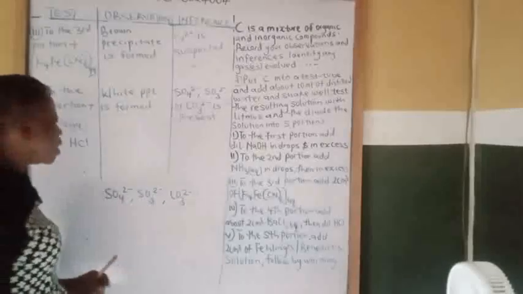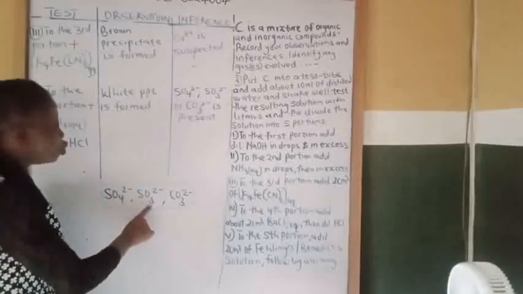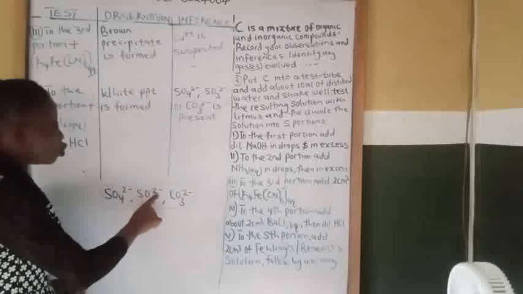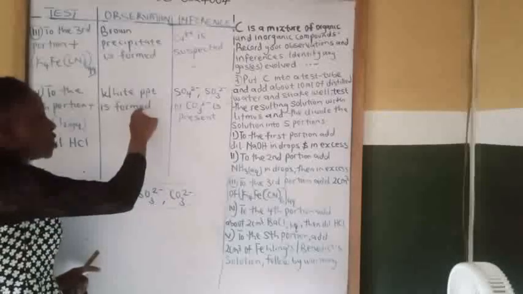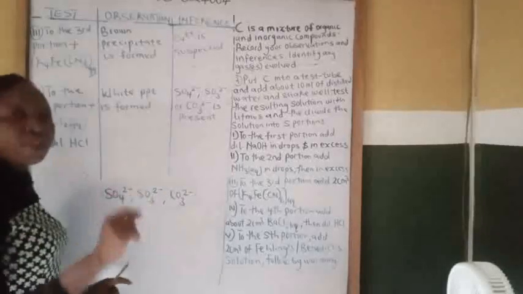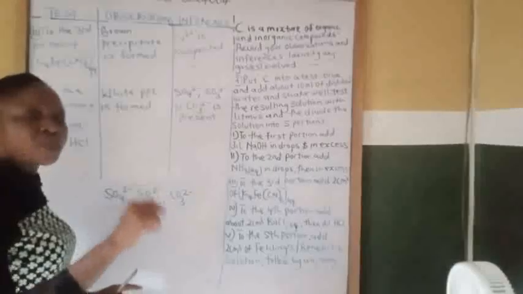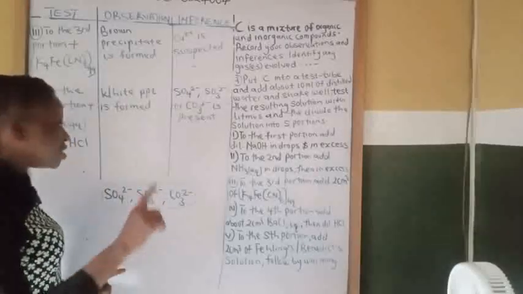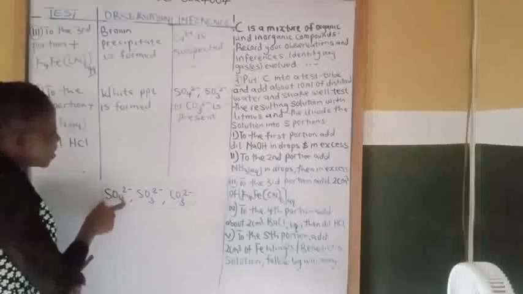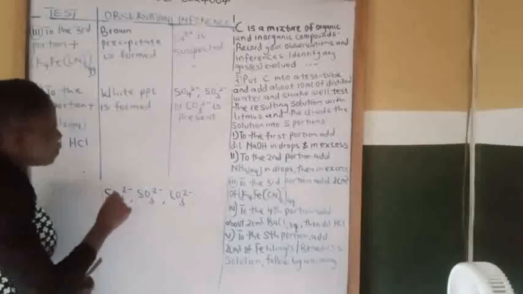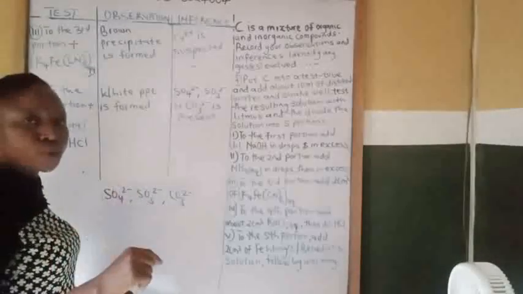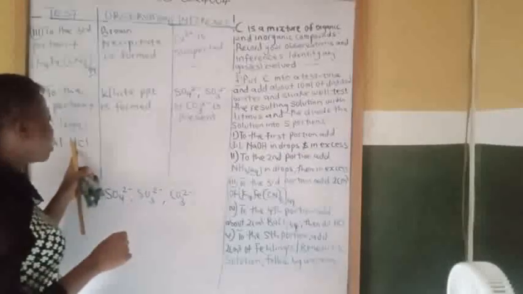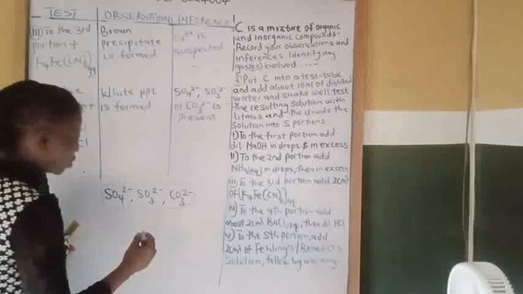If it is SO3 2 minus, the precipitate will dissolve with effervescence of colorless gas with pungent smell, which is SO2. But if it is SO4, the precipitate will remain insoluble in dilute HCl.